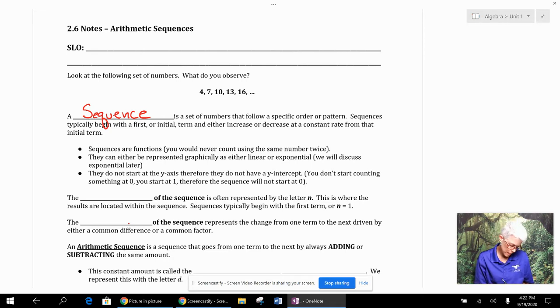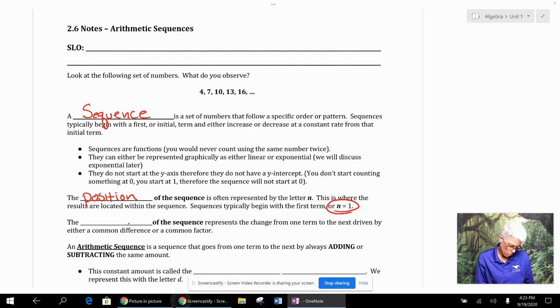The position of the sequence is represented by the letter n. This is where the results are located within the sequence. The sequence typically begins with the first term, and that's indicated by n is 1. You'll see what that means a little more later; it'll make a lot more sense in just a little bit.